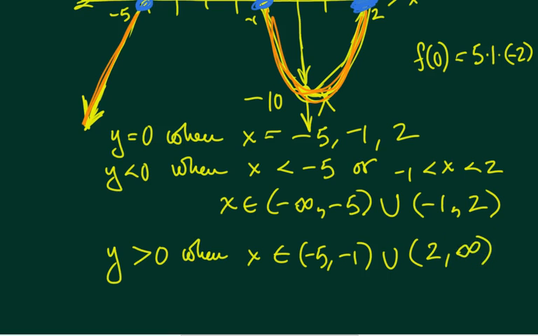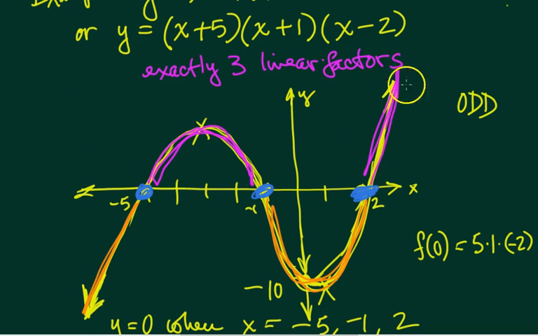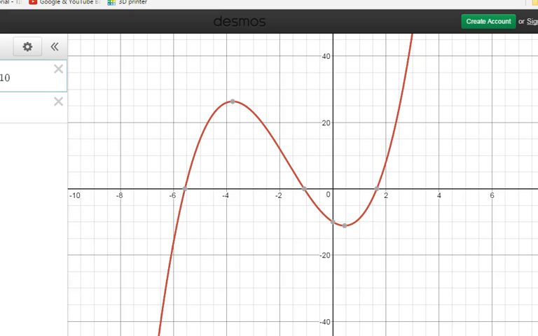Okay, so all of these are open intervals. If we put in the endpoints, then we would be including places where y is equal to 0, and that would be an error. Okay, so there's our graph, done just with the knowledge of the end behavior and the zeros. And here's what the graph looks like in Desmos. Notice Desmos has called out these points, (negative 5, 0), (negative 1, 0), (0, negative 10), and (2, 0).